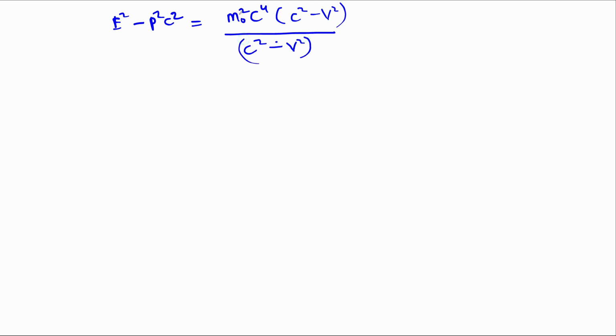So E square minus p square c square is equal to m naught square c raised to 4 into bracket c square minus v square over c square minus v square. Here I have taken the common term, so the 1 and 1 will get cancelled out. The remaining equation will be written like this: E square is equal to p square c square plus m naught square c raised to 4.